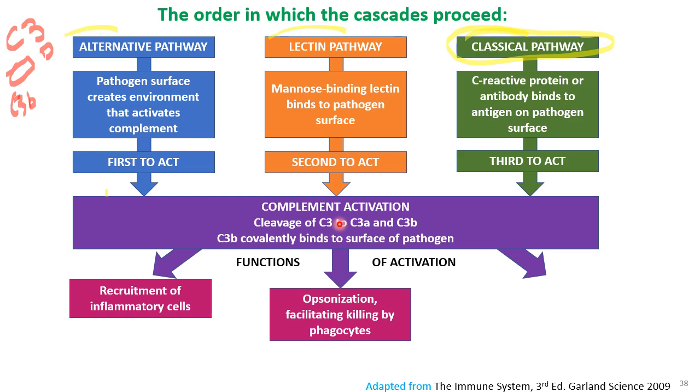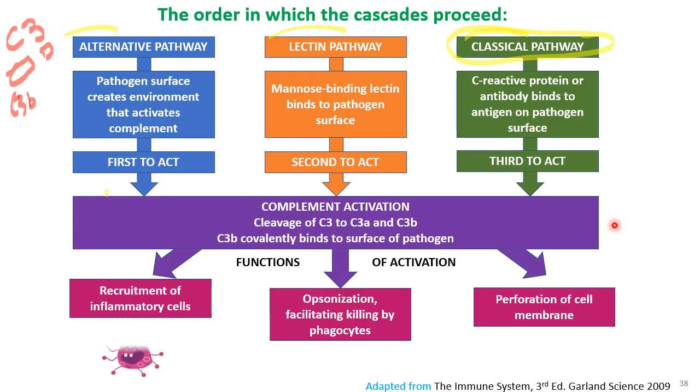So C3a is going to call on recruitment of your inflammatory cells. Besides that, remember, C3b is going to bind to the surface of your pathogen and flag it. It's going to cause opsonization, and then C3a causes the phagocytes to eat the stuff that is flagged. And lastly, you're going to form the membrane attack complex that is going to put holes on the surface of the pathogen.